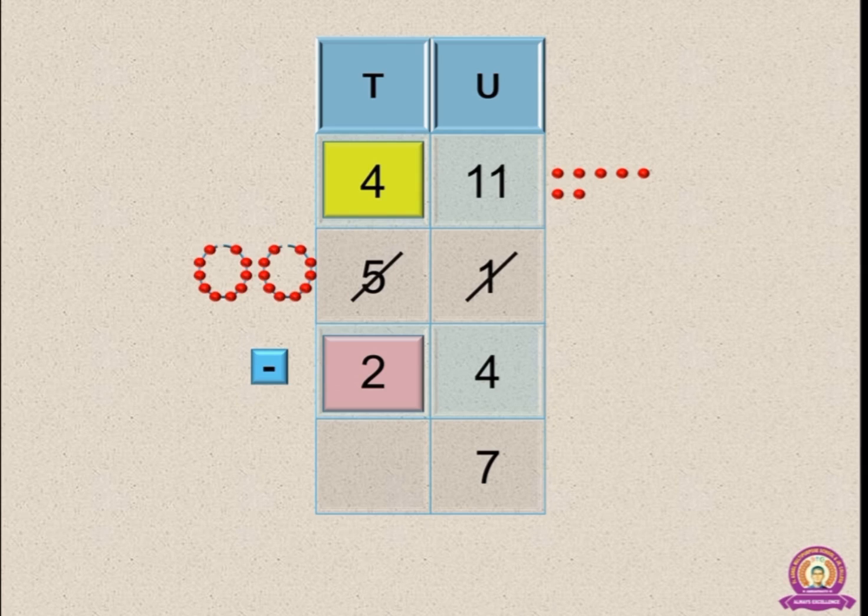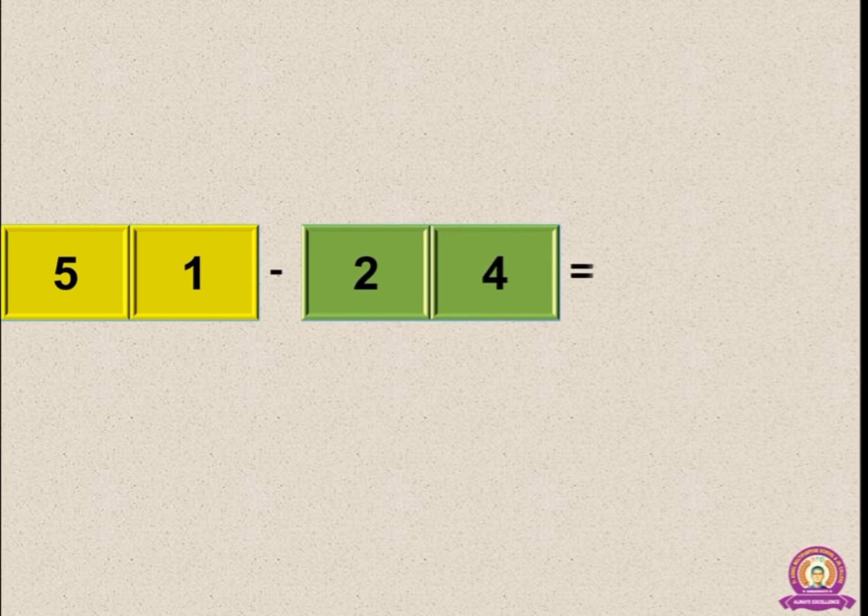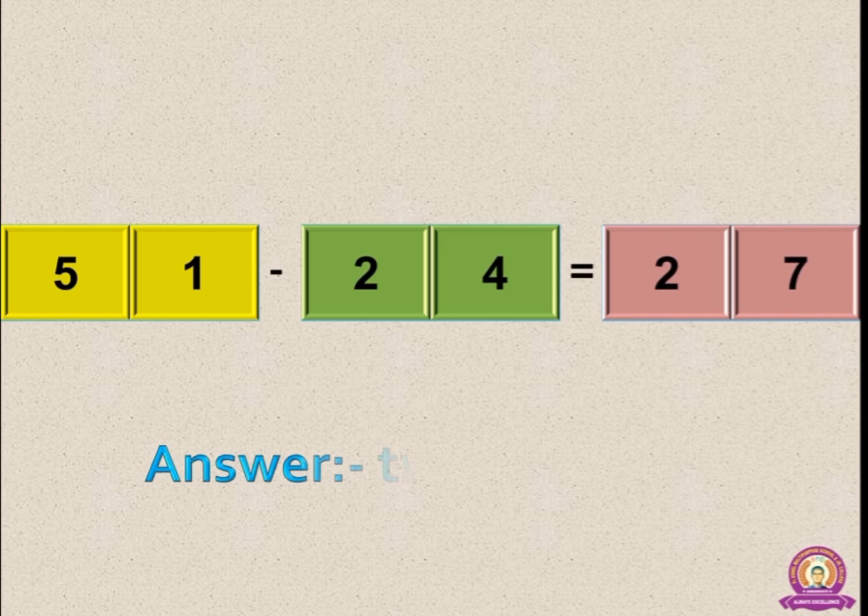Therefore, 4 minus 2 is equal to 2. 51 minus 24 is equal to 27.